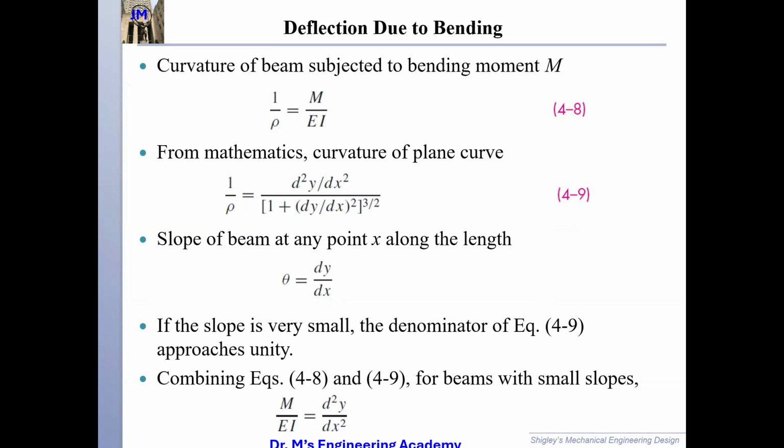The slope of the beam at any point x along the length equals dy/dx. Finally, M over EI can be treated as d2y/dx2, the second derivative of y with respect to x. Keep in mind, y is the deflection of the beam.